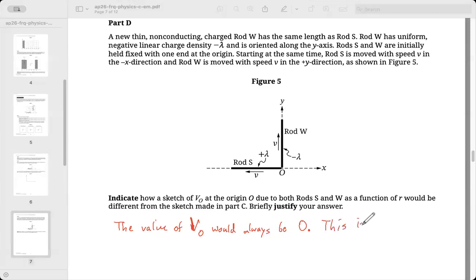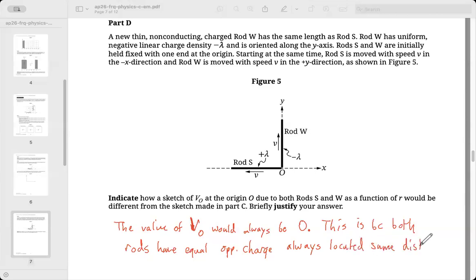This is because both rods have equal opposite charge, always located the same distance from the origin, and since potential is a scalar, components are not necessary.